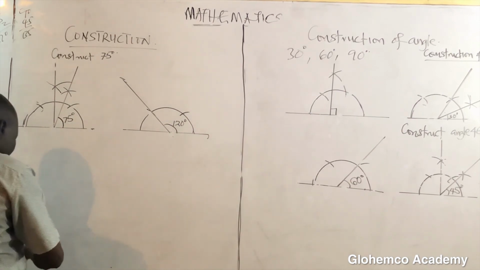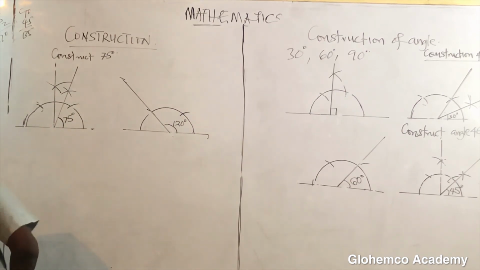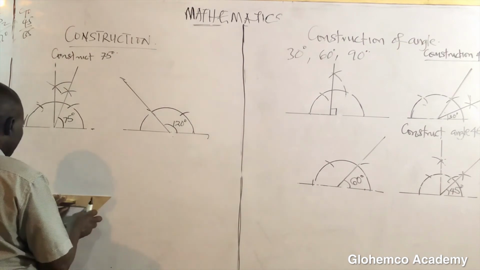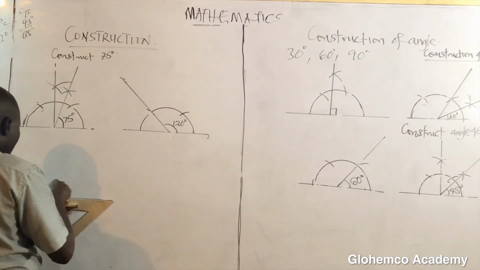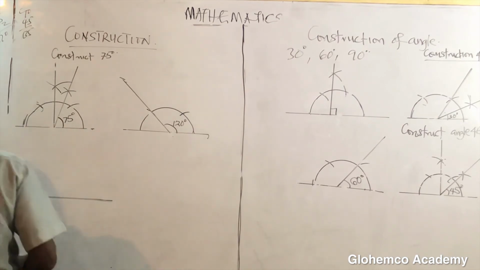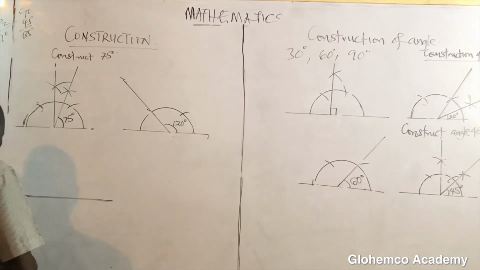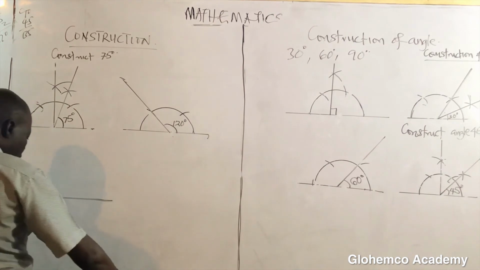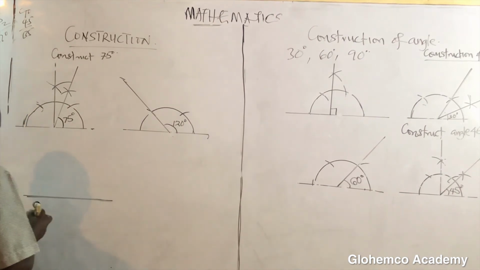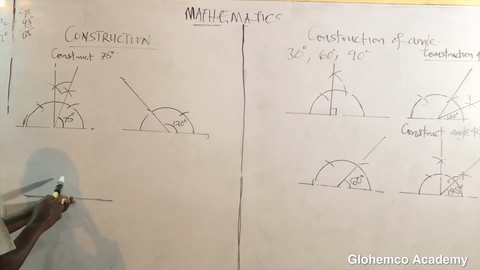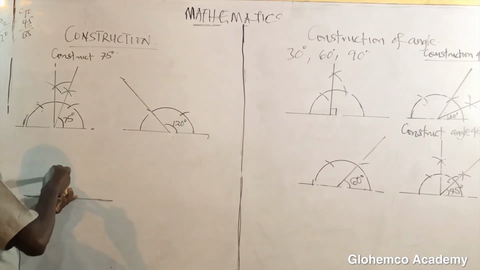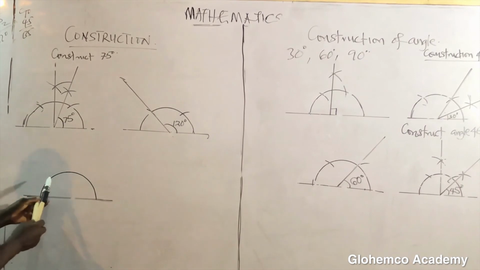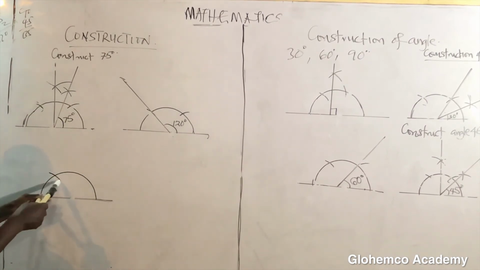So what I am saying here is that we are going to draw a line. When we draw a line, we'll find this thing here. So we have an arc. This is 60.